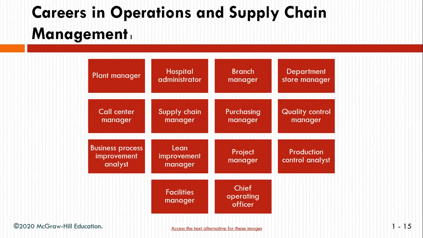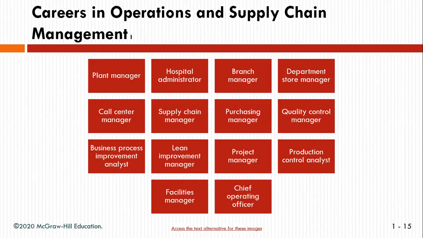Others are hospital administrator, branch manager, department store manager, call center manager, supply chain manager, purchasing manager, quality control manager, business process improvement analyst or BPM, and lean improvement manager. These are all jobs that belong to operations and supply chain.